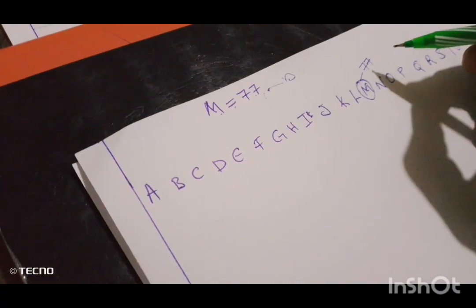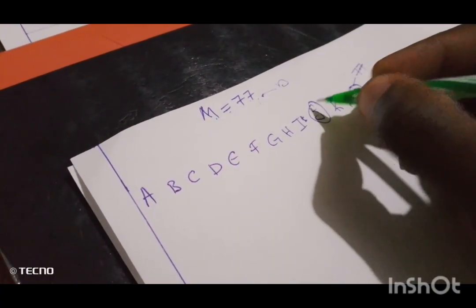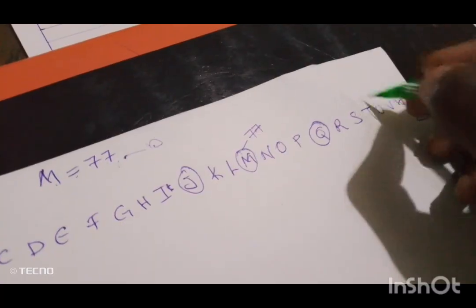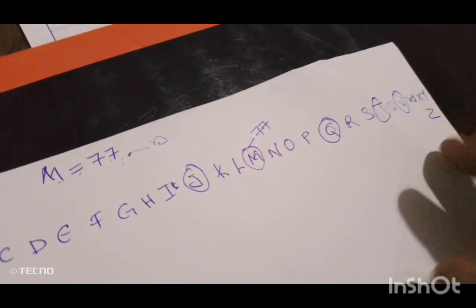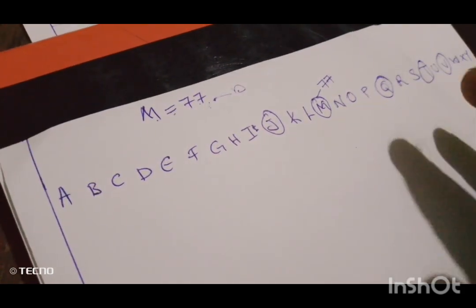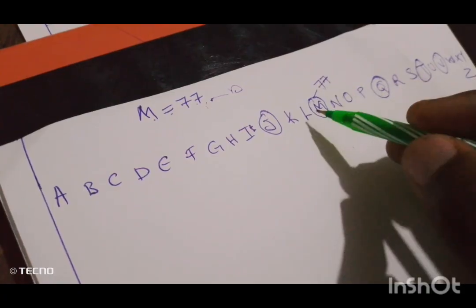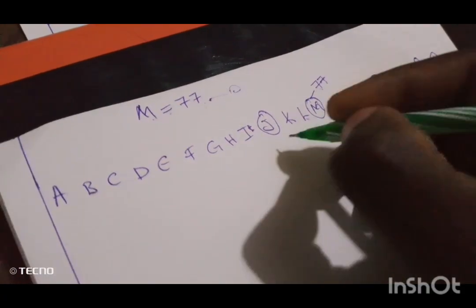So what other numbers are we looking for? We're looking for the number j, the number q, the number t, and the number v. Let me just collect that data. If this is 77, this is 76, this is 75, and this is 74.